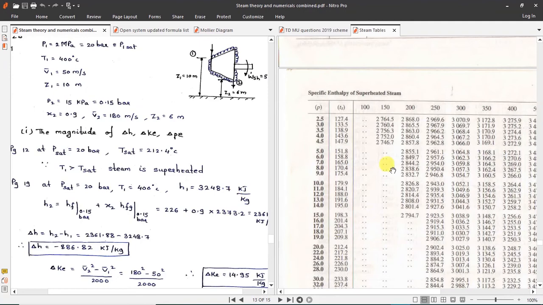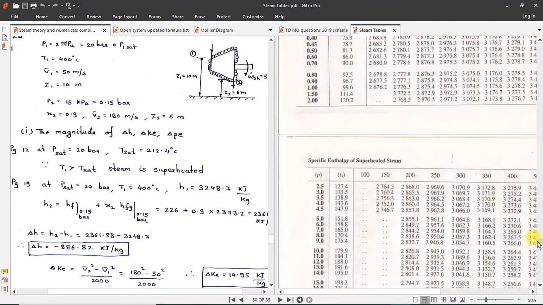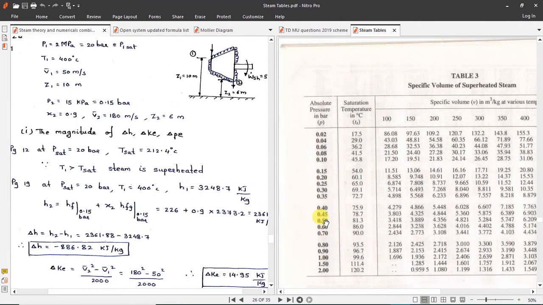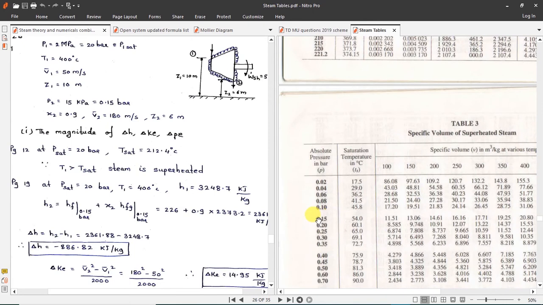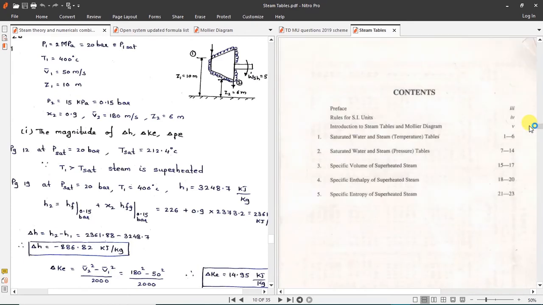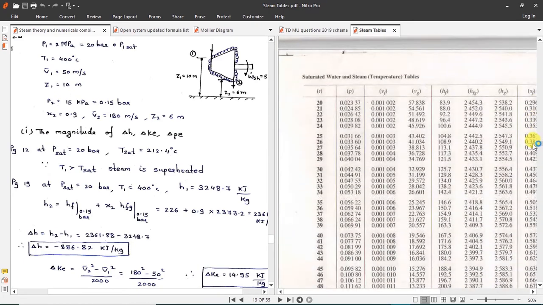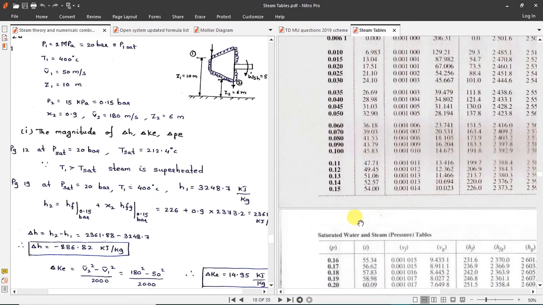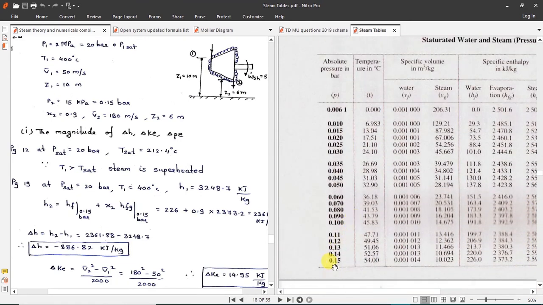So now open the saturated pressure tables. These are the pressure tables, 0.15 bar. No, see, this is superheated steam. You have to go to the saturated tables. Okay, so let me open the saturated table. Here you can notice the pressure, this is 0.15 bar.